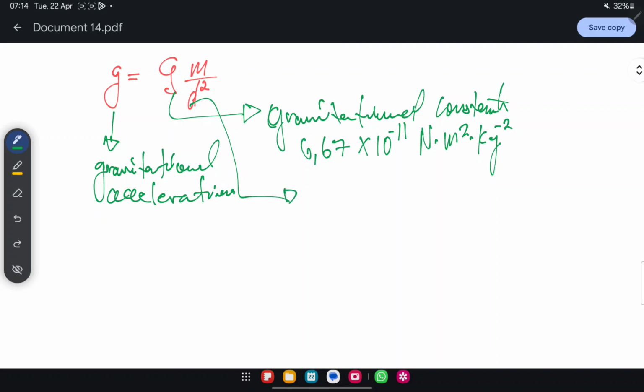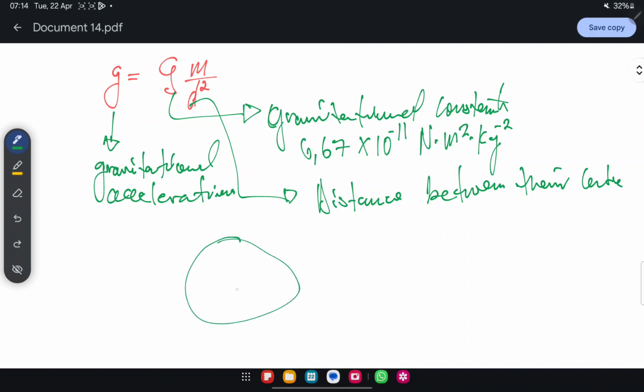Then you say this is the distance between their centers. So if you are talking about a single mass, maybe a single planet like the Earth, that is the distance of the radius of the Earth.